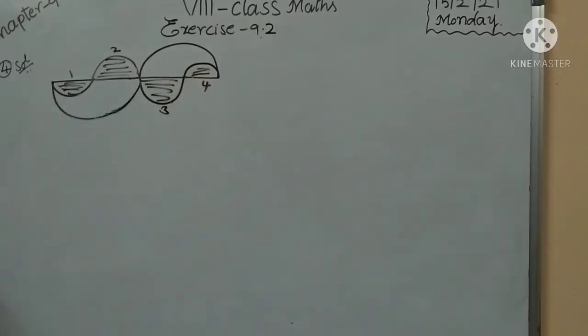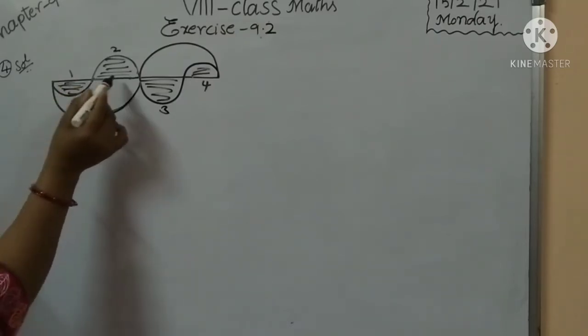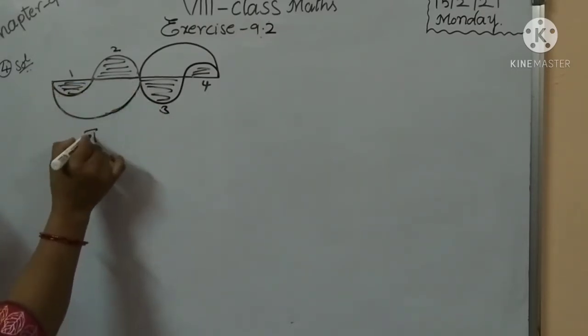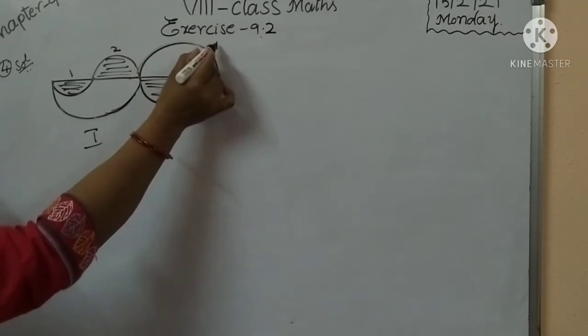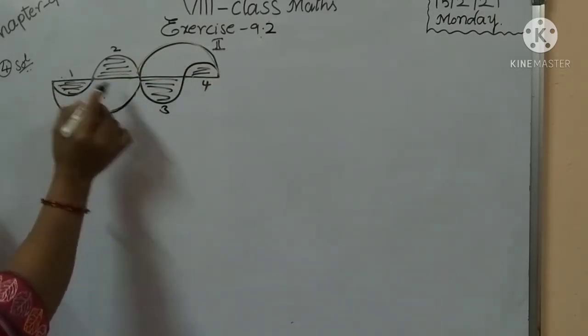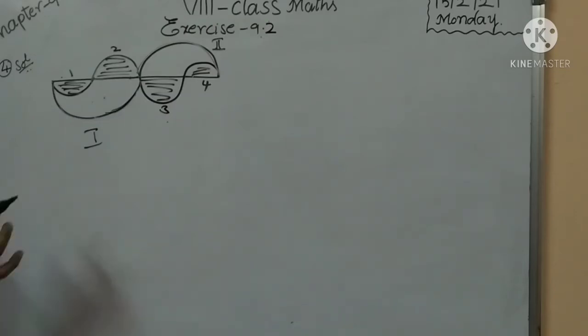How many semicircles are there? 4 semicircles. Okay. So these are equal radii of two bigger semicircles. So here it is a 1 and it is a 2. How many bigger semicircles are there? 2. Okay.